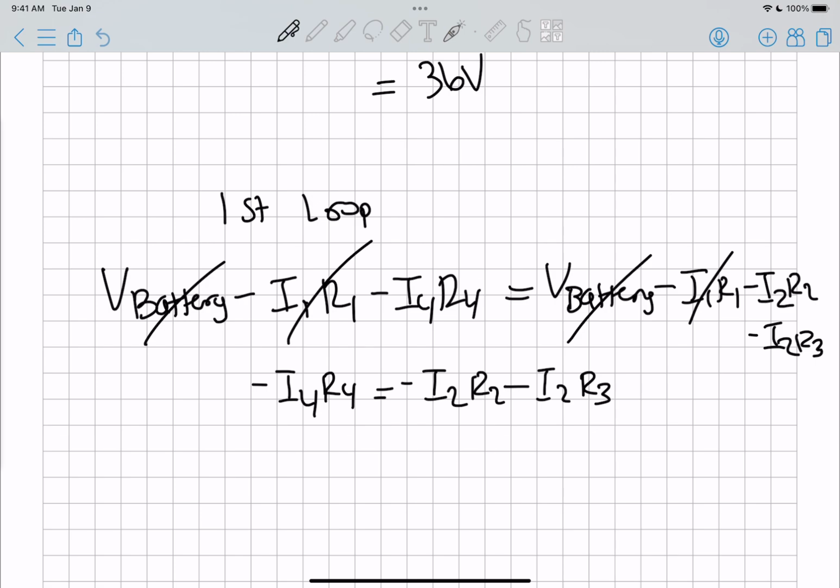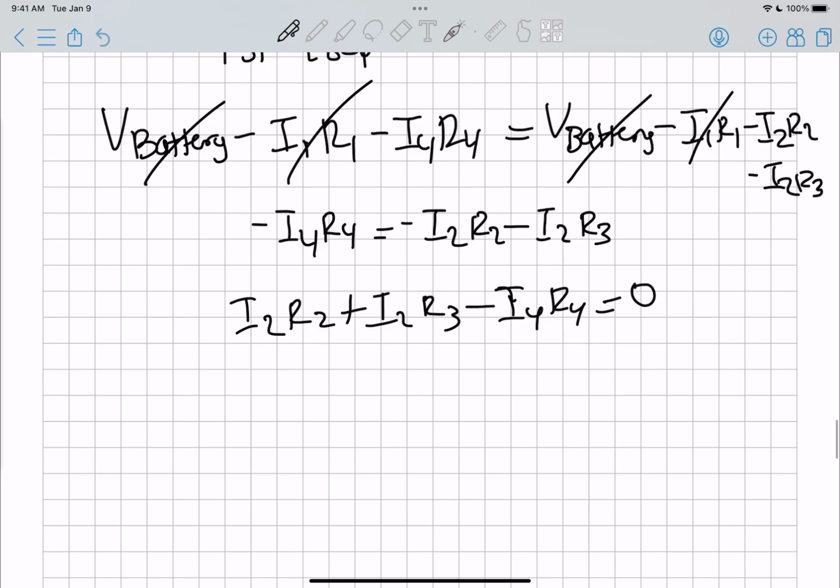And this is exactly the setup that they had, where you added up I2 R2 plus I2 R3 minus I4 R4, and that equals 0. That's what I was trying to do earlier, but I think I tried adding up the resistors for some reason. So at that point, your R2 is 2 ohms, your R3 is 4 ohms.